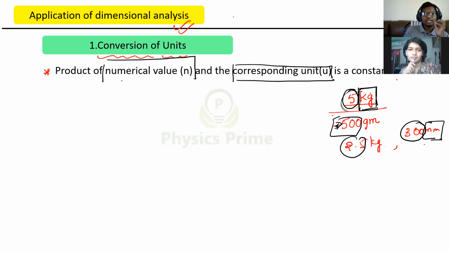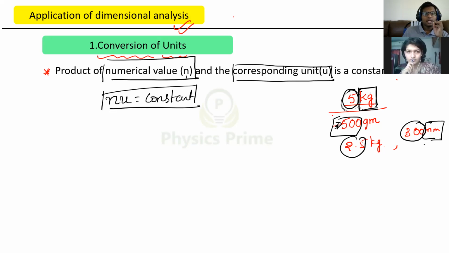What we want to say is that for a given physical quantity, nu will remain constant. That means n1 u1 is equal to n2 u2. Let me give an example.